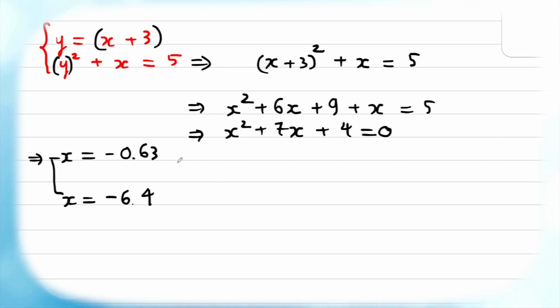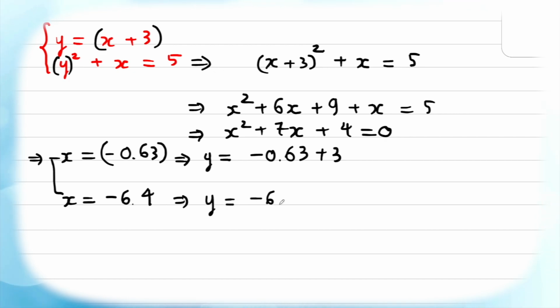Okay, so that is the value for x, and about y, I have to substitute this into the x position. Negative 0.63 plus 3, and the second one negative 6.4 plus 3 here.